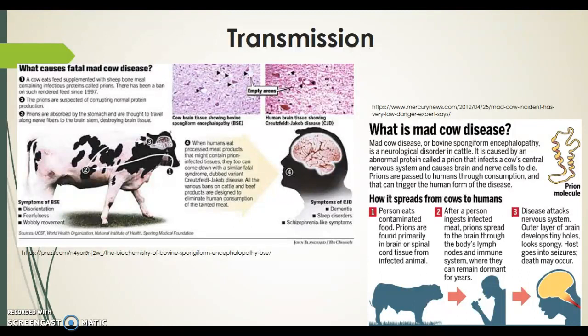Generally, the prions are found primarily in the brain and the spinal cord of the infected animal. After the person ingests it, the prions will travel to the brain, and they can remain dormant for a year. Then, when the disease attacks the nervous system, the outer layers of the brain develop tiny holes, so it acquires a spongy-looking appearance, and the person develops seizures, and eventually death may occur.